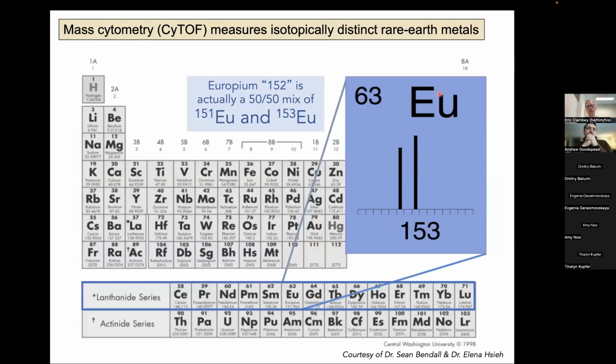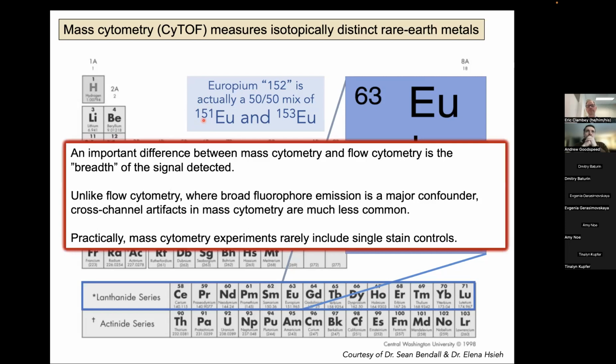The way that this works is that your antibodies are bound with isotopically purified elements. For example, you can actually differentiate between europium-151 and europium-153, and those can be bound to different antibodies to allow you to differentiate between protein abundance with those two, measured by quantifying isotopic mass.